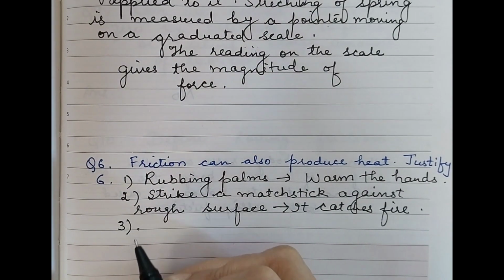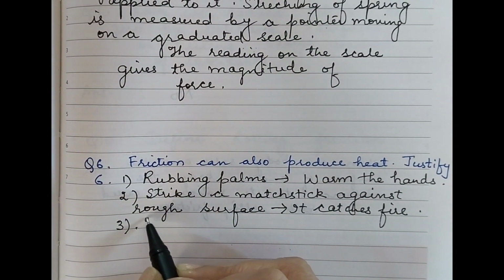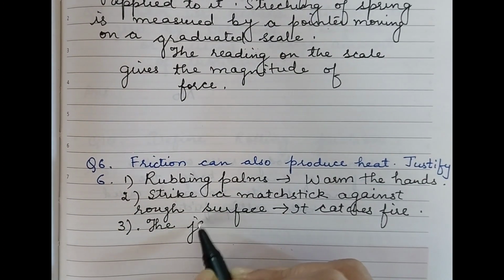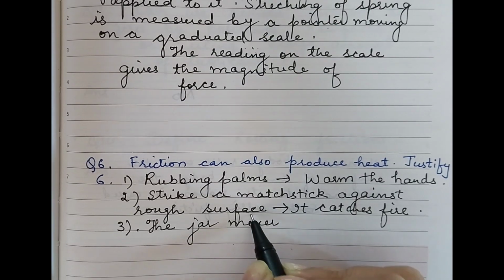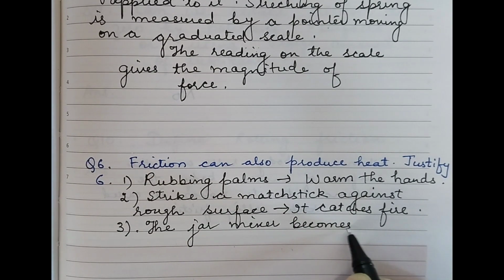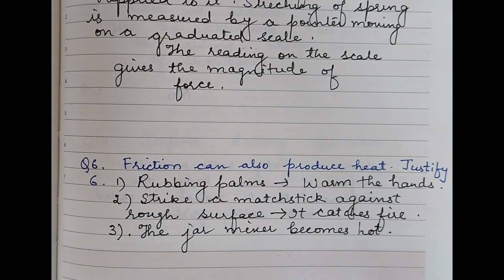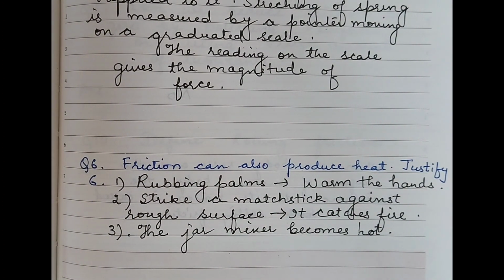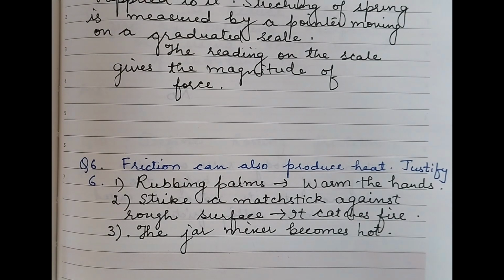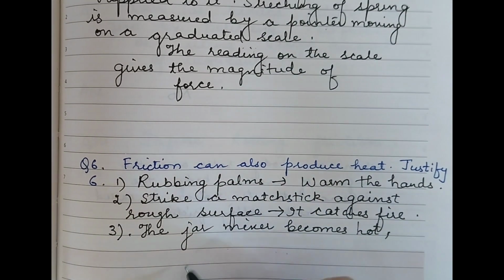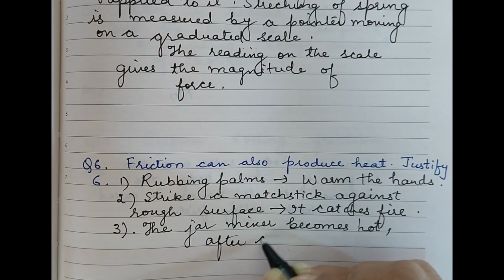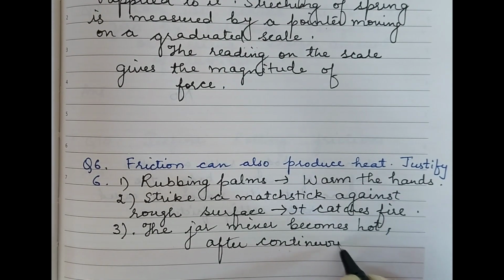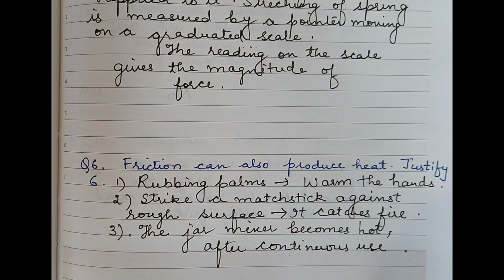Number 3, the jar mixer becomes hot. These three examples, rubbing palms, striking a matchstick against a rough surface, the jar mixer becoming hot after continuous use, are all examples where friction can also produce heat.